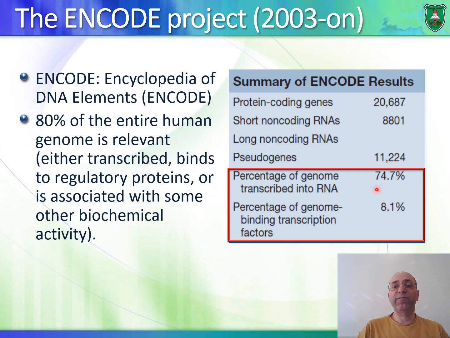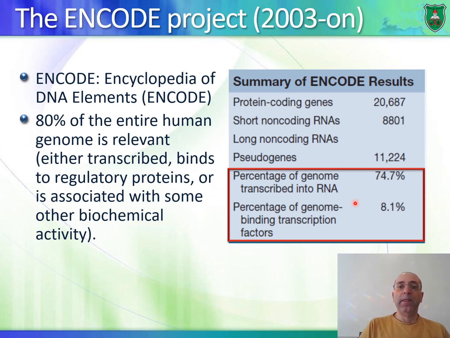We still cannot figure out what the 2% does. So now we have to deal with 75%. This is huge, by the way. That's huge information that we have generated in the past 10 years, and we don't know what to do with this information. And we'll talk about some of these RNA molecules.